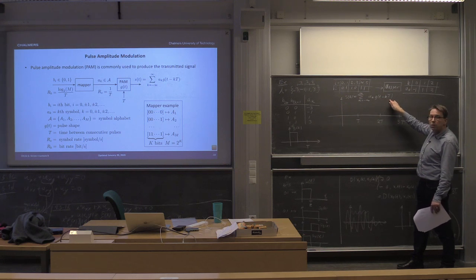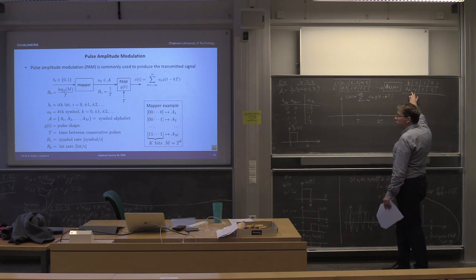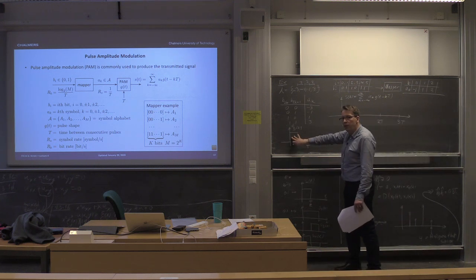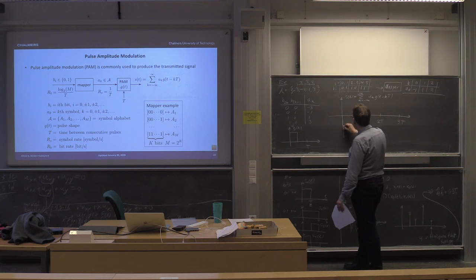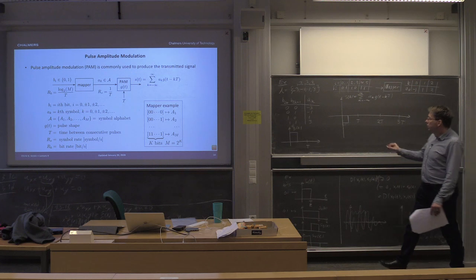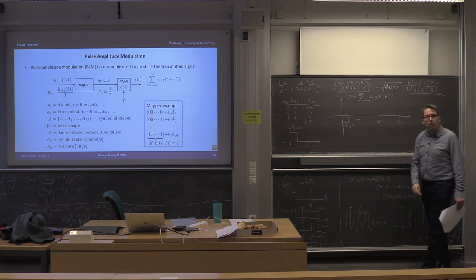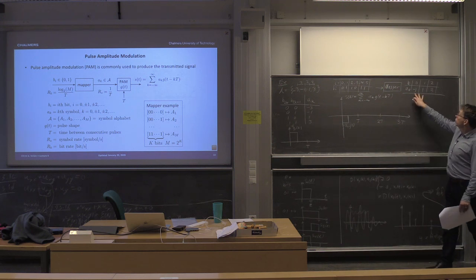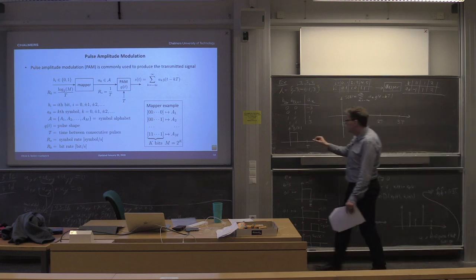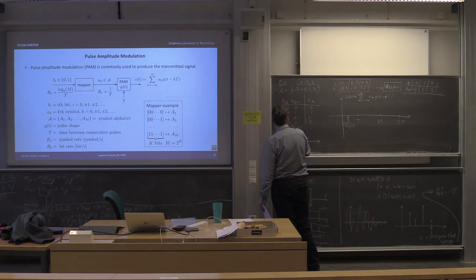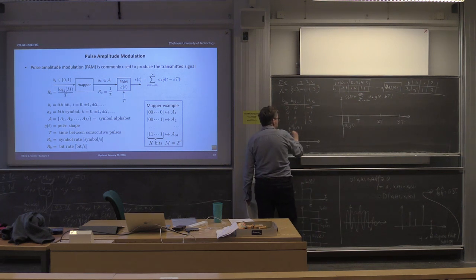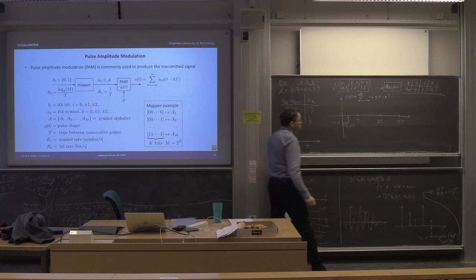So we get A0, which is -1, multiplied with g of t. It will look something like this. So this is A0 times g of t. That's our first pulse, which corresponds to the first symbol, -1. Right, so let's put this amplitude to C, say. So this is then -C.